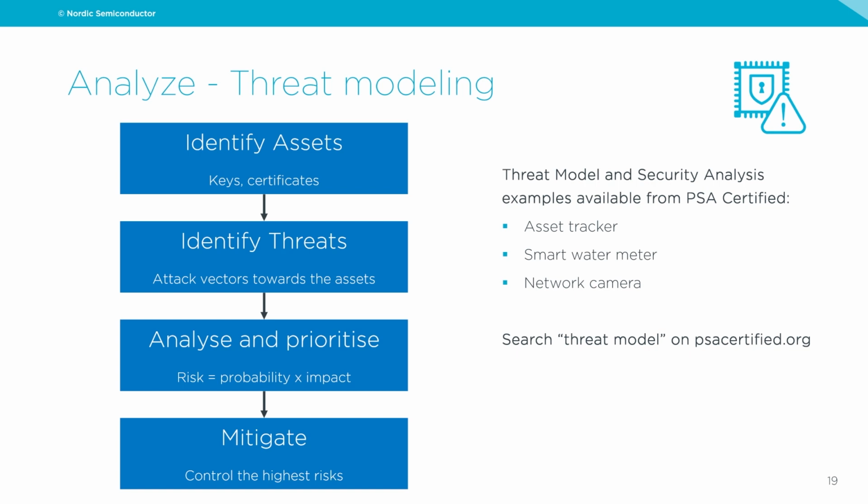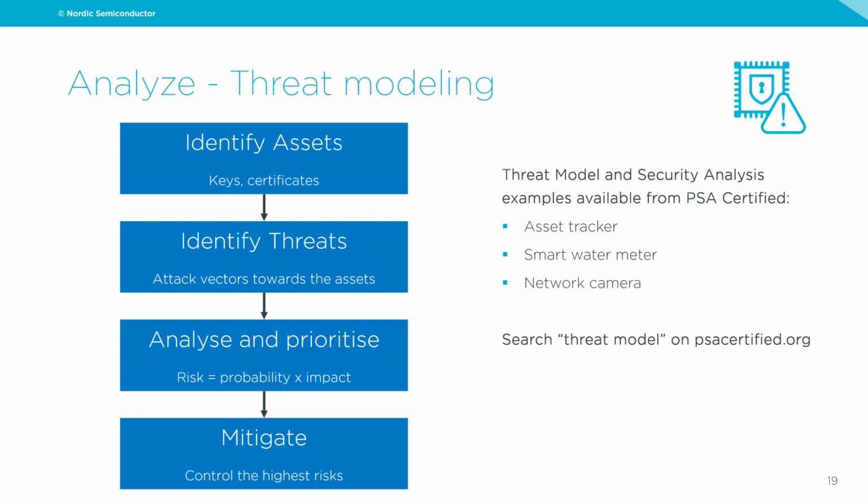So the first step in this process is the threat modeling and security analysis. Within threat modeling, there are essentially 4 sub-steps that we need to go through. The first one is that we have to identify the assets that we want to protect.